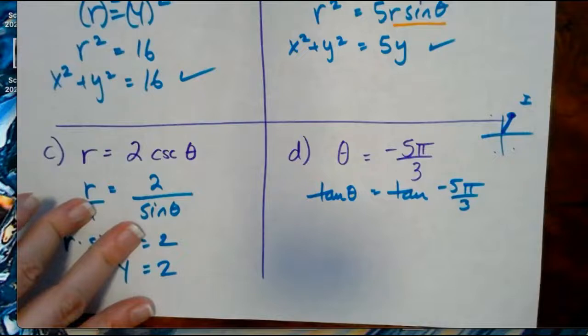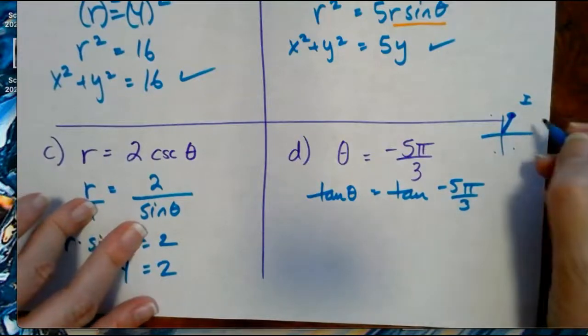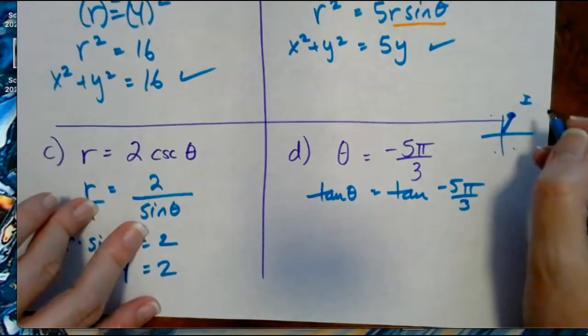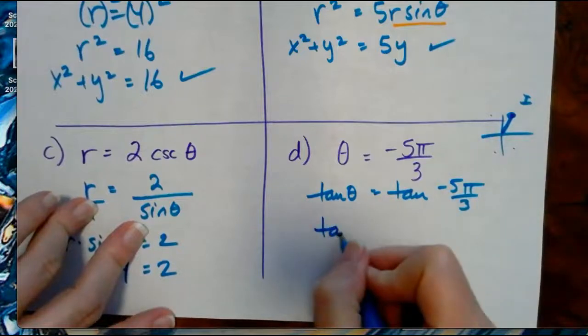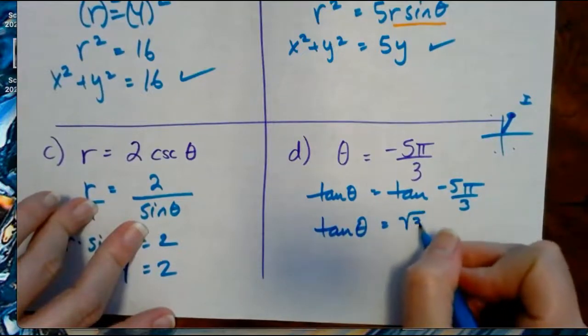It has a 60-degree reference angle, so that is going to be equal to root 3, because it'll be root 3 over 2 divided by 1/2, and that equals root 3. So we end up with tan theta equals simply root 3.